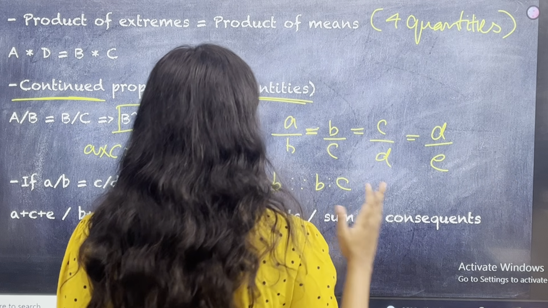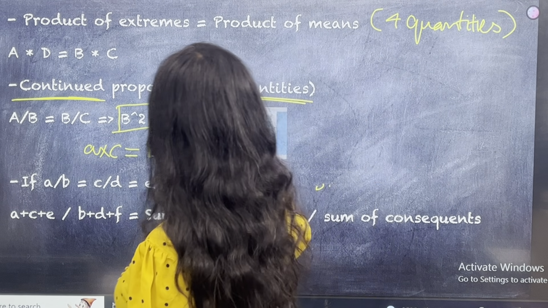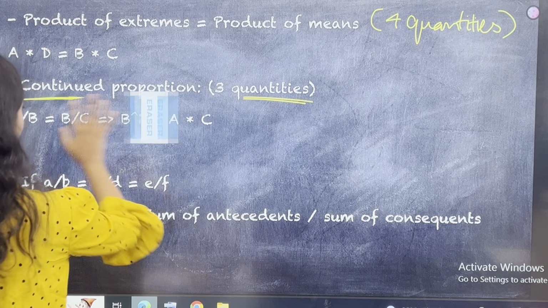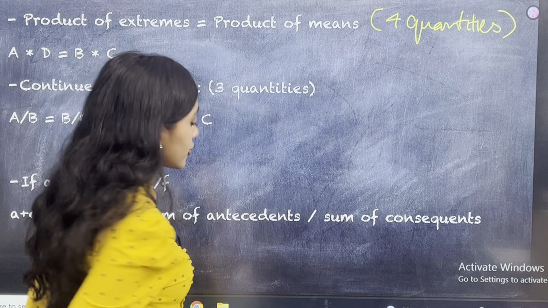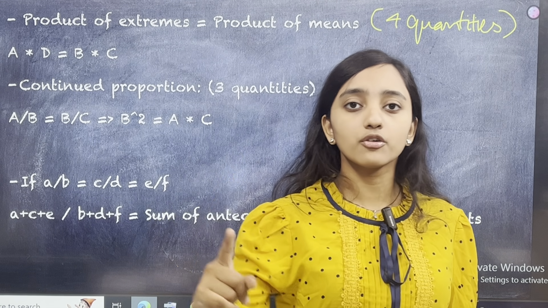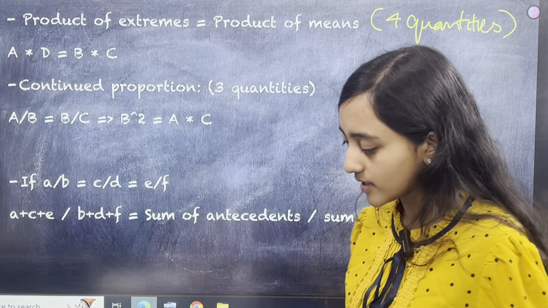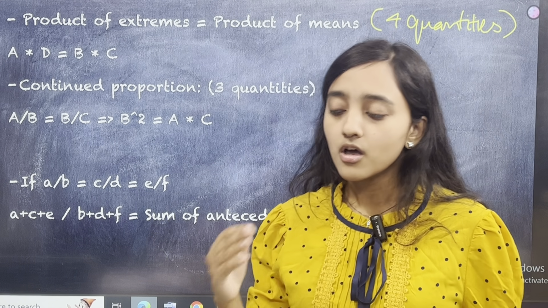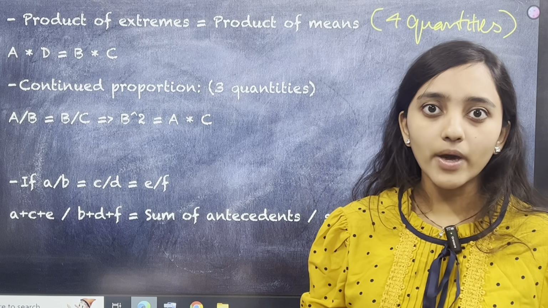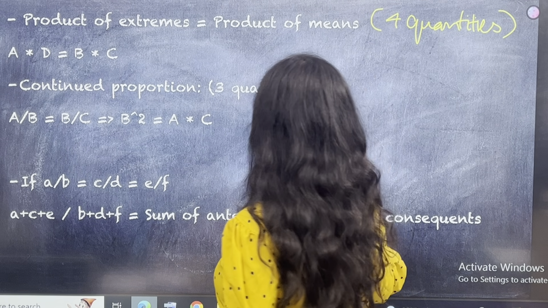I am expecting that in your MCQs, if they have to ask something from the concept of proportions, they will ask a simple question based on continued proportion, because it's just one formula you need to know. B square is equal to A into C, and you can solve any question. Suppose they ask, in a continued proportion, what is the value of C, wherein they'll give you A and B, and you just need to substitute in this particular formula.